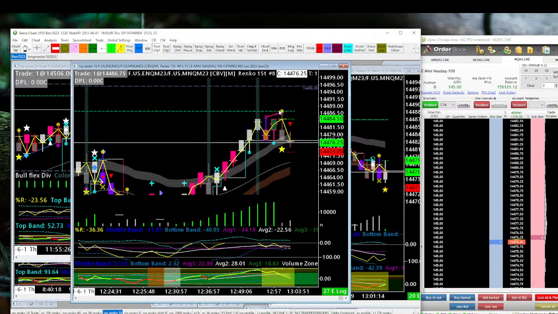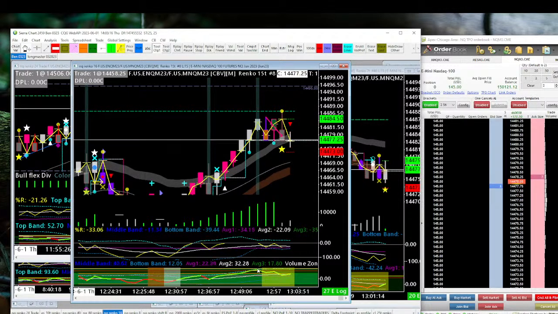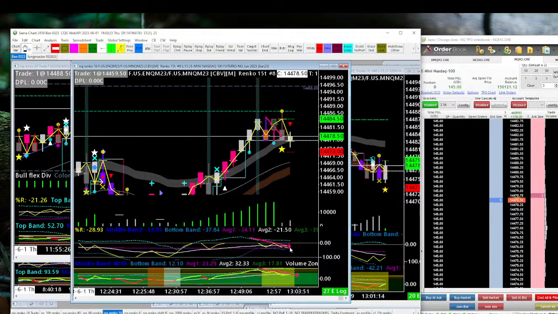Because that star suggests someone aggressively tried to sell it. And there was a shift in volume. And there's divergence again. And divergence here. So it doesn't mean I have to immediately sell. But I'm not just going to sit here and hold when I see all that.